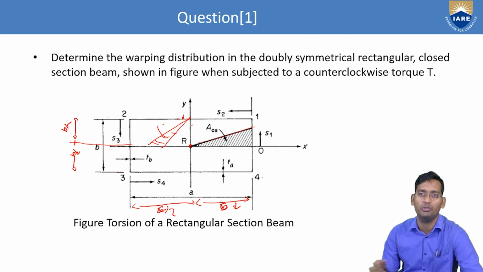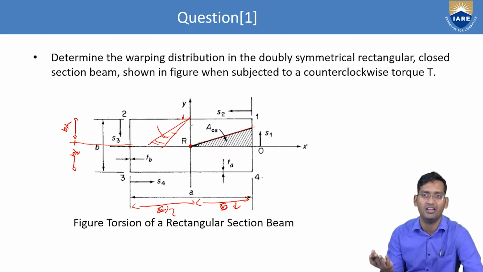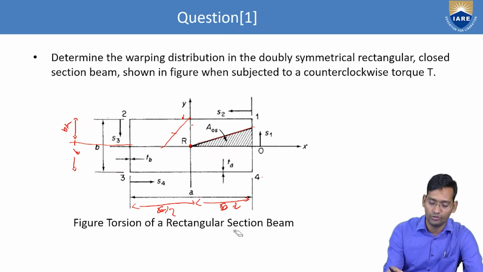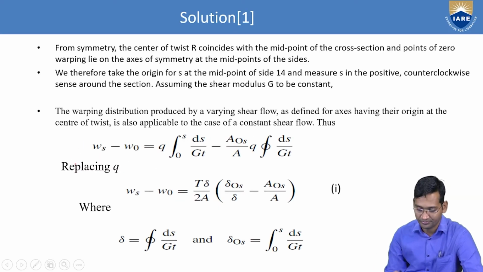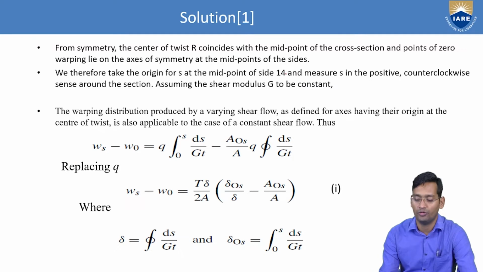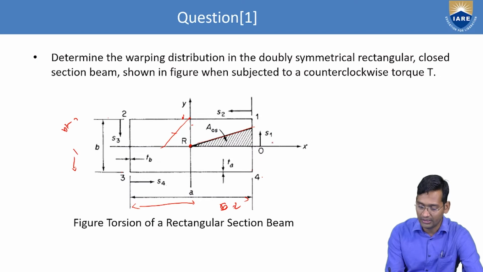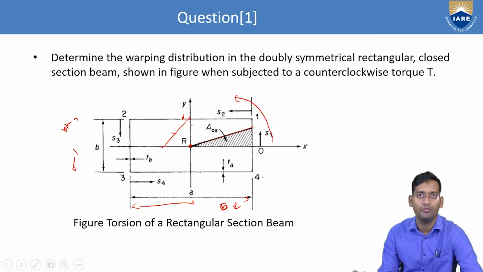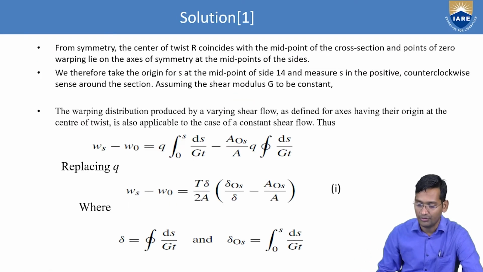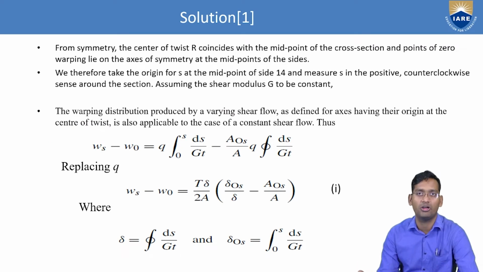You can take it from any side because it's doubly symmetrical, and the other side will follow because of symmetry. Now we start from 1 to 4 and measure S in the positive counterclockwise sense. So in the counterclockwise or anticlockwise direction we are measuring, and that is positive, as we had already seen.